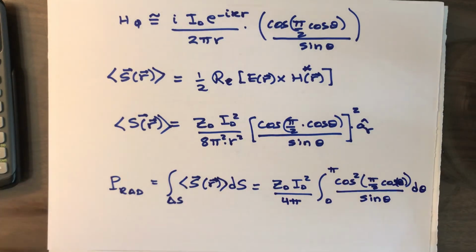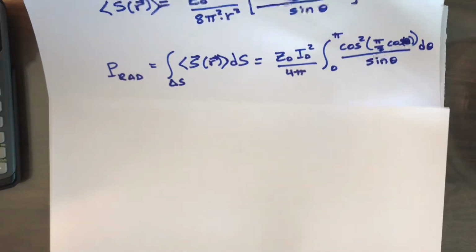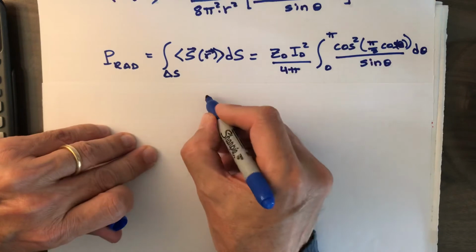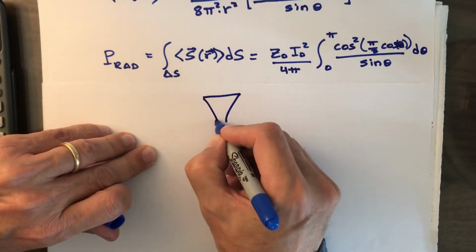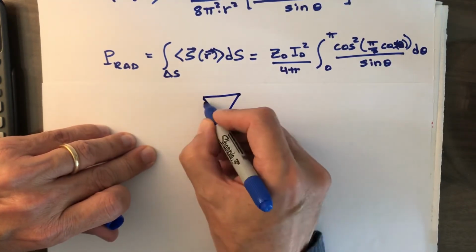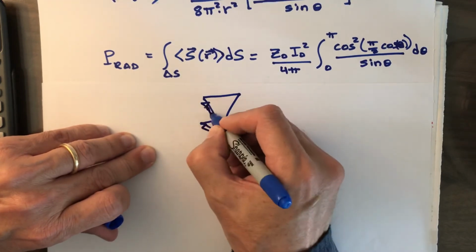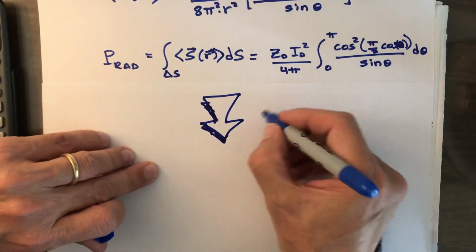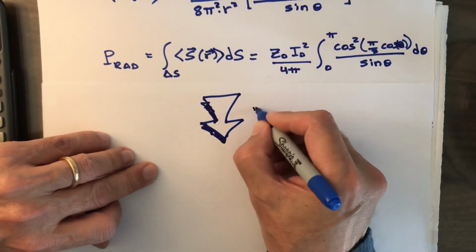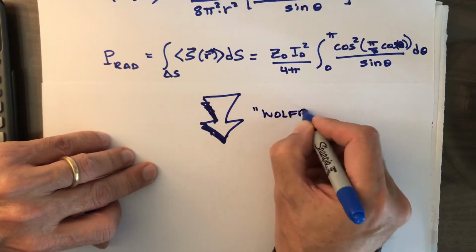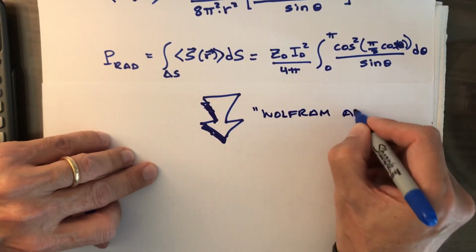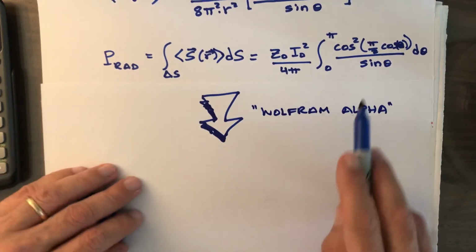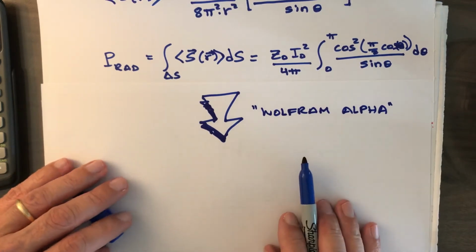So the next step is to evaluate that integral using a program that's available online, and it's called Wolfram Alpha. Now there are other programs available online, and there are ways you can integrate that in other ways, but I found that Wolfram Alpha allows you to just pretty much type in the integral from 0 to pi of this value, and it'll evaluate that for you.